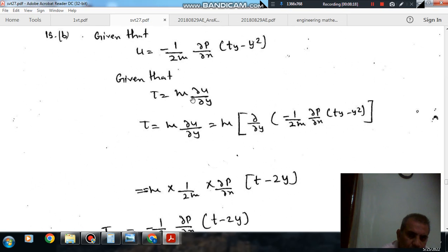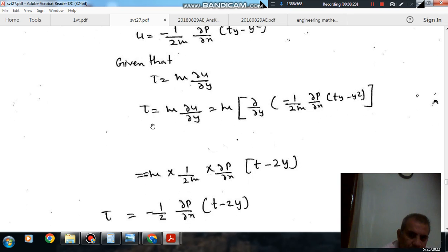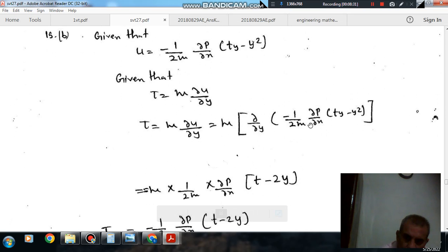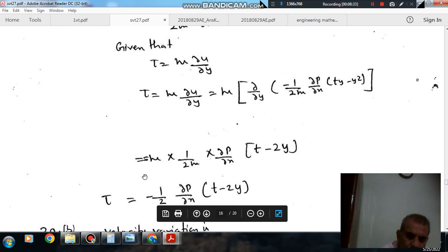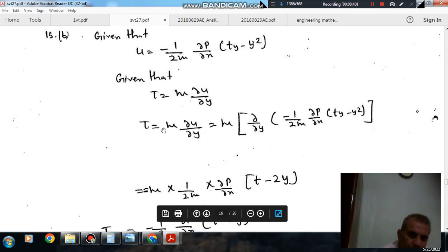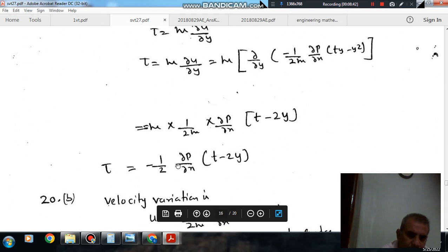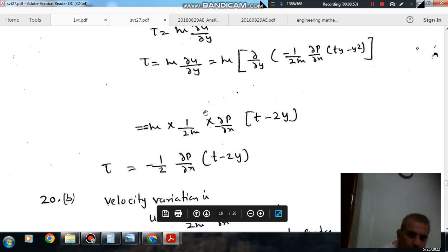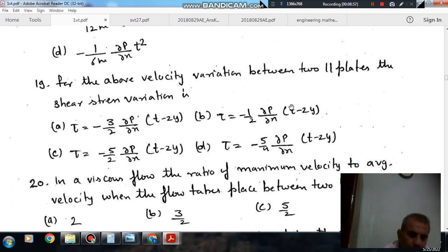Given that τ = μ ∂u/∂y, putting the variation here and differentiating with respect to y, it will be t - 2y, and all other things will remain the same. So τ will be -1/2 ∂p/∂x (t - 2y). We just have to apply Newton's law to find the shear stress variation. So the answer is option B.